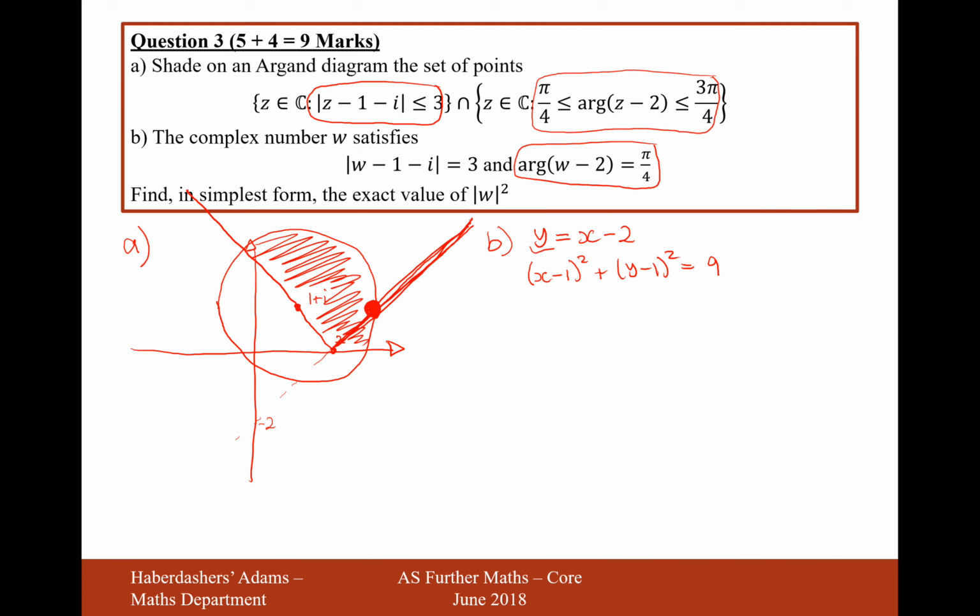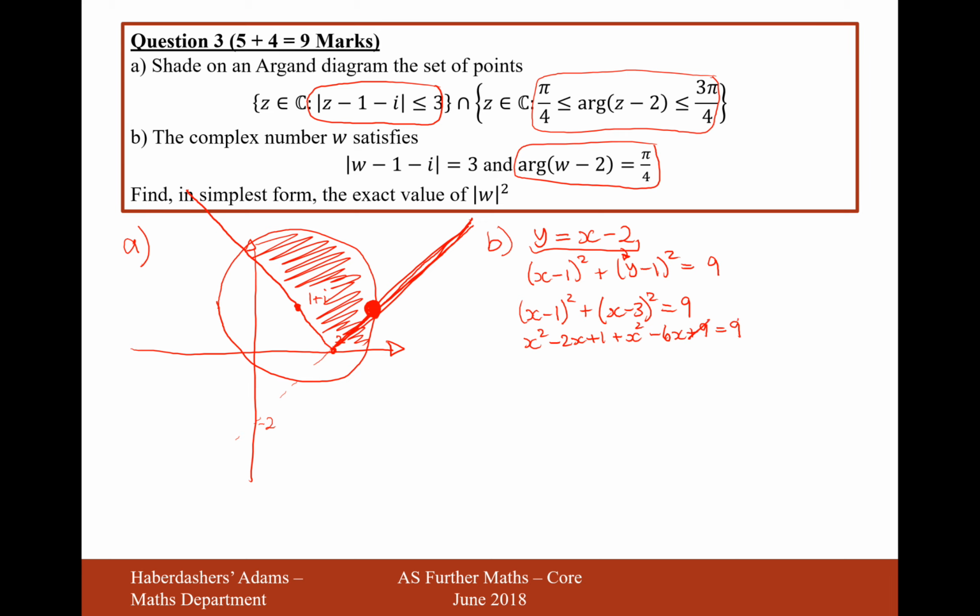So I'm going to substitute y into this part of the equation here. So it's going to be x minus 1 squared plus x minus 3 squared equals 9. Therefore it's x squared minus 2x plus 1 plus x squared minus 6x plus 9 equals 9.